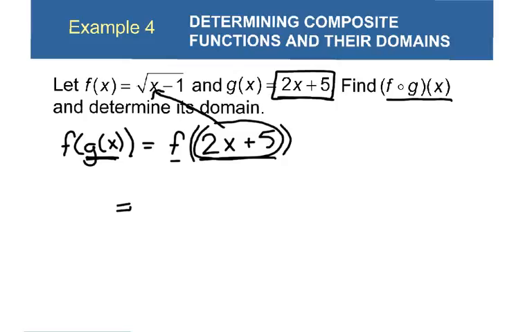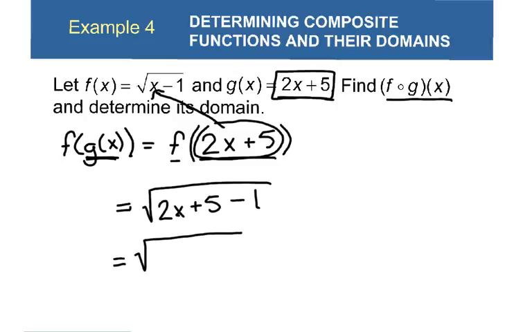So plugging in 2x plus 5 for x gives us the square root of 2x plus 5, then minus 1. Then reduce that by combining like terms. You get the square root of 2x plus 4, and you're done.